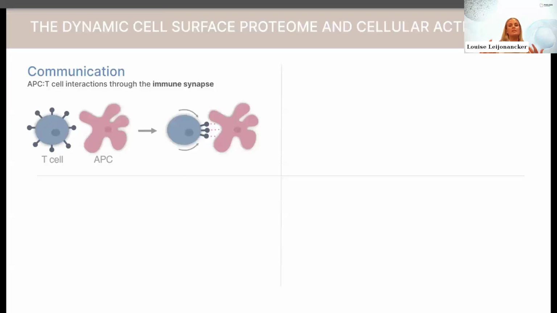So why is it so important to understand the cell surface proteins, and how can it be so closely linked to cellular function? We have some examples here, where the first one is communication. You can see here how a T cell and an antigen presenting cell are interacting through the so-called immune synapse, which is a very specific protein constellation on the cell surface that makes it possible for them to communicate.